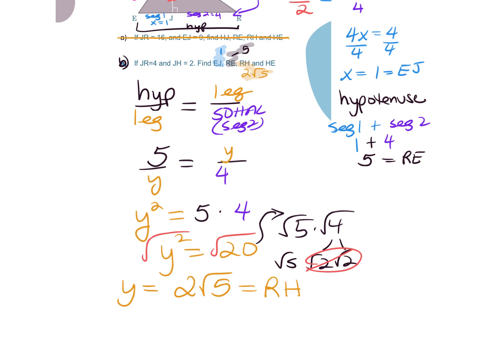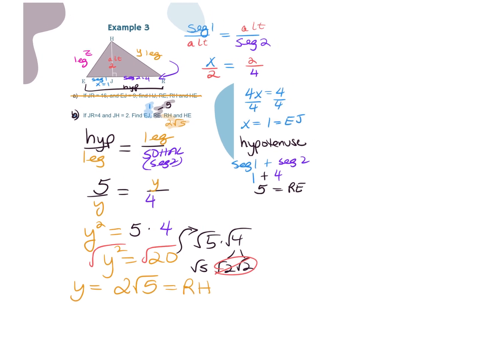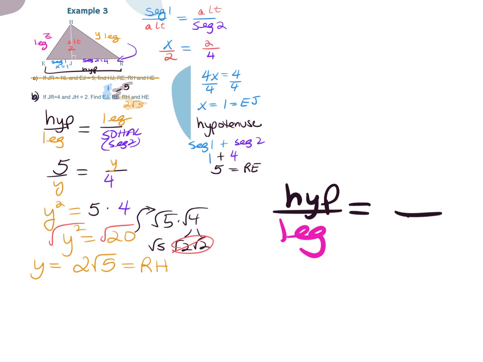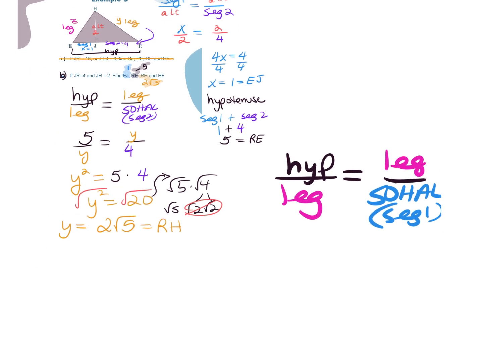And now we just have to do HE, same proportion, but now we're going to do it with the pink and the blue. So again, hypotenuse over leg, this time it's the pink leg, equals pink leg over its SOHAL, which is segment 1. So let's fill it in. So again, I know the hypotenuse was 5.